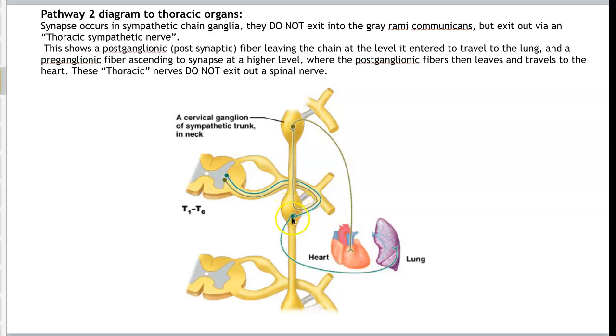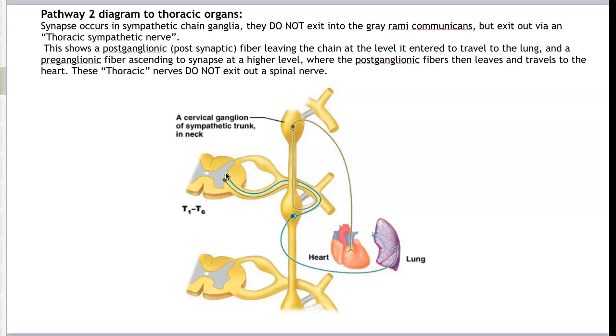We're going to synapse in the sympathetic chain. We're going to release our acetylcholine to our postganglionic neuron. The postganglionic neuron, its axon, is going to leave through the thoracic sympathetic nerve, and it will go to the target organs of either the lungs or the heart and release norepinephrine.